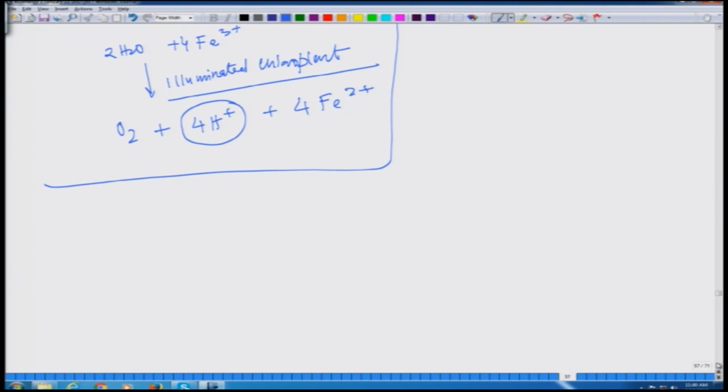The second aspect the Hill reaction confirmed, as we have already talked about, is that the evolved oxygen comes from water, not from carbon dioxide. Okay.